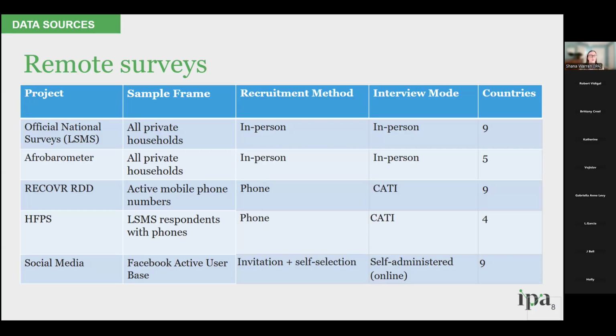Afrobarometer did not opt for remote methods, so this is in-person at the time of the pandemic. The RDD surveys were active mobile phone numbers. Everything is done by phone. We have this for 9 countries. The high frequency panel survey is LSMS respondents who had phones, as I mentioned before, and then we have the Facebook social media survey. We typically refer to it just as social media throughout the rest of the presentation.